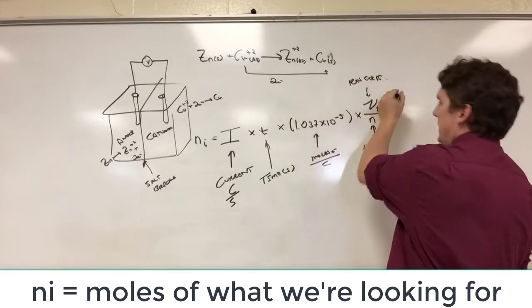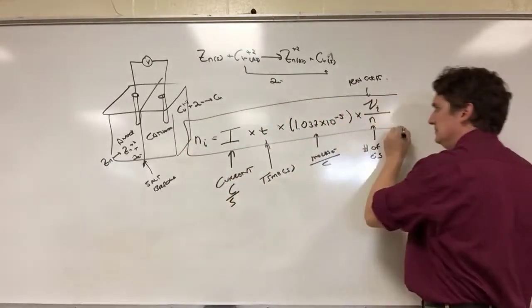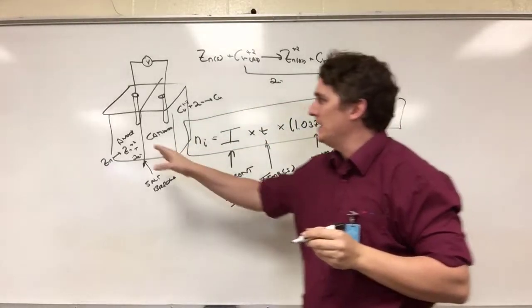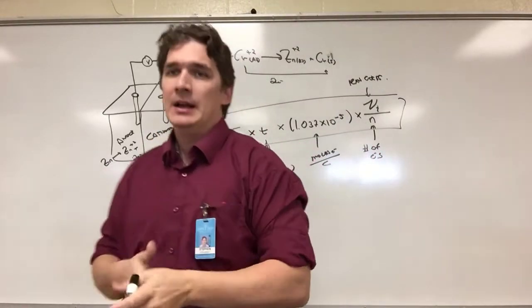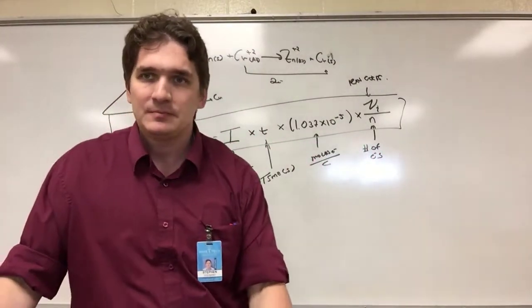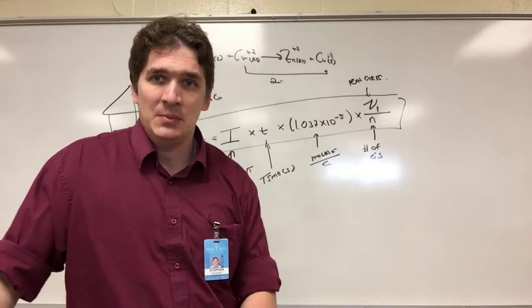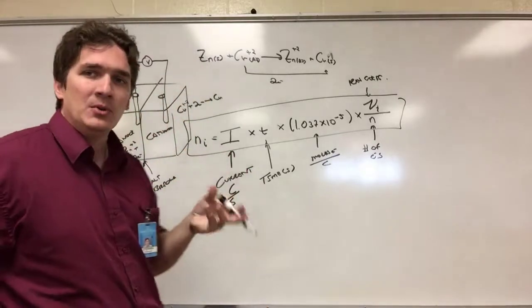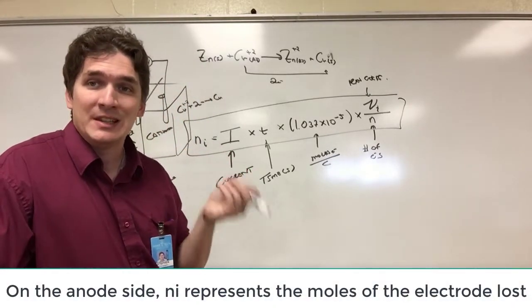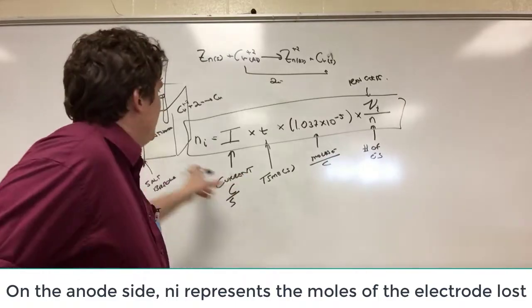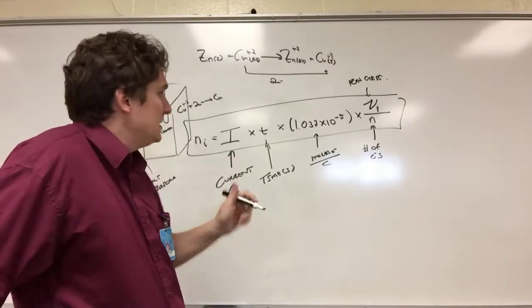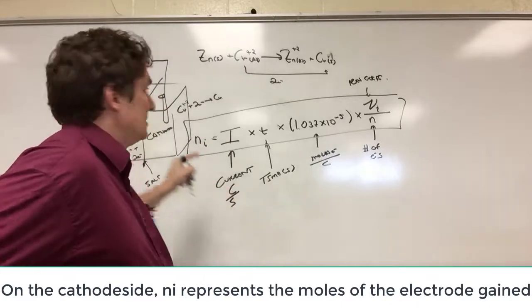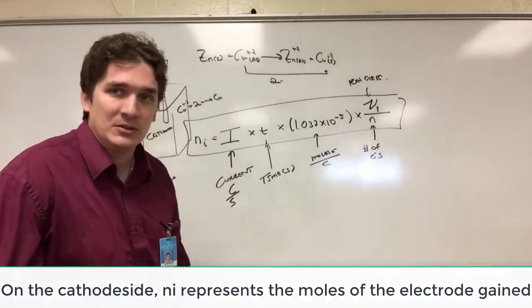So this is your master formula to figure out moles of anode or cathode that are reacted away. Now you have to make the judgment call. If you're on the anode side, the moles you're calculating correspond to the moles lost on the anode electrode. If you're on the cathode side where reduction is occurring, typically these moles of I are going to refer to the amount of moles that are plated onto that electrode.